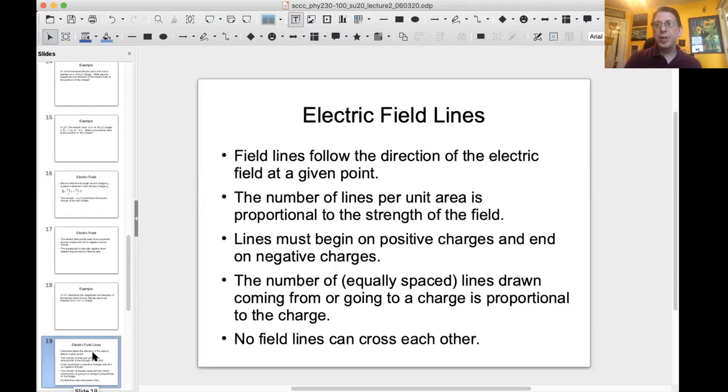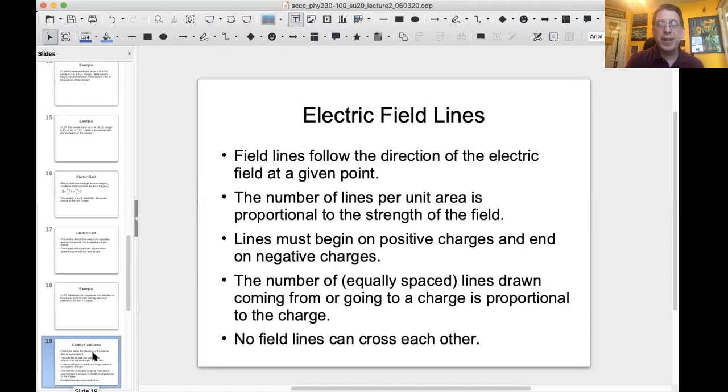You can also visualize the electric field using things called electric field lines. Field lines follow the direction of the electric field at a given point. And we're actually going to look at field lines in a lab experiment. It won't be until next week, but we'll have an experiment where you'll be asked to map electric field lines.